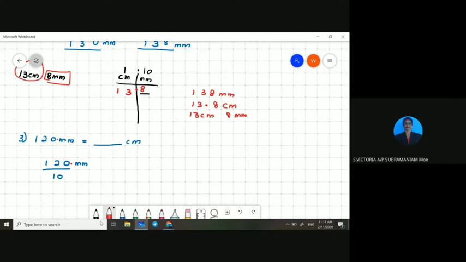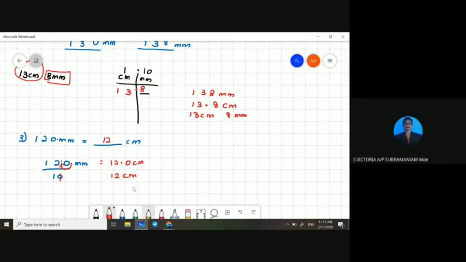So for this 120, we put that decimal point and move one place because here there is only 1 zero. So you can cut it. Make sure you put this arrow. So you will get 12.0 centimeter. You can also write it as 12 centimeter. So just now your answer is correct.